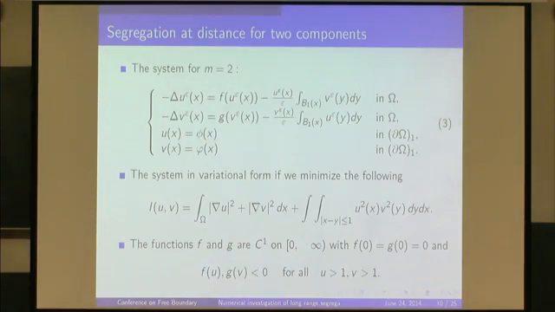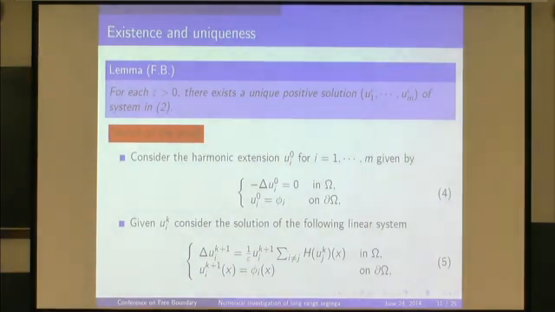So let m equal 2, I have this system, and it could be written in variational form if I minimize this energy, so I will get a square here. And in my computation I let these terms be 0, for example, but I do have this regularity on phi i.